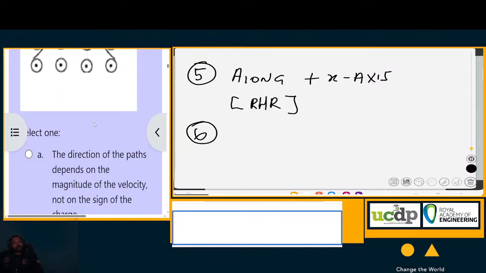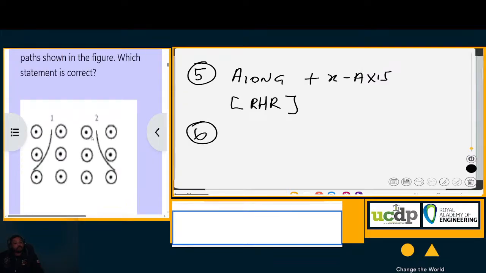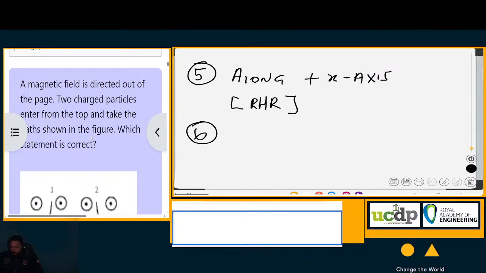The direction of the path depends on the magnitude of the velocity, not on the sign of the charge. That is wrong. Wait, what question is this? Number 6. Okay.